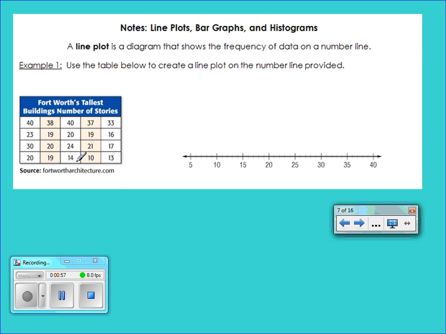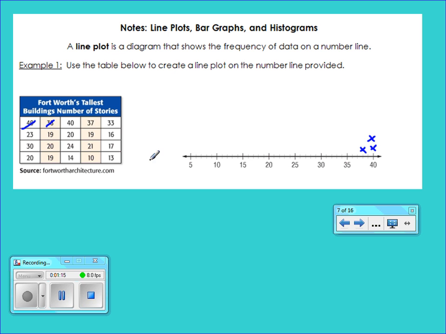So then what you're going to do for a line plot is simply put a mark at 40. So I'm going to put an X over here at 40 for this building. I had a building at 38. Another one at 40.